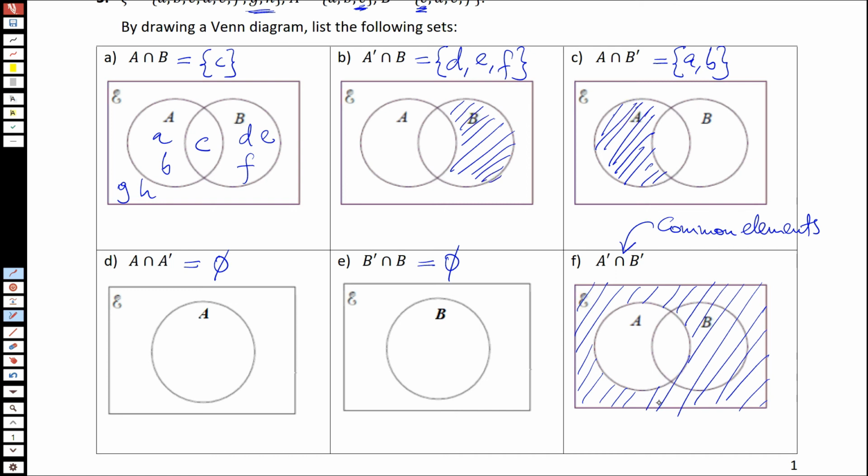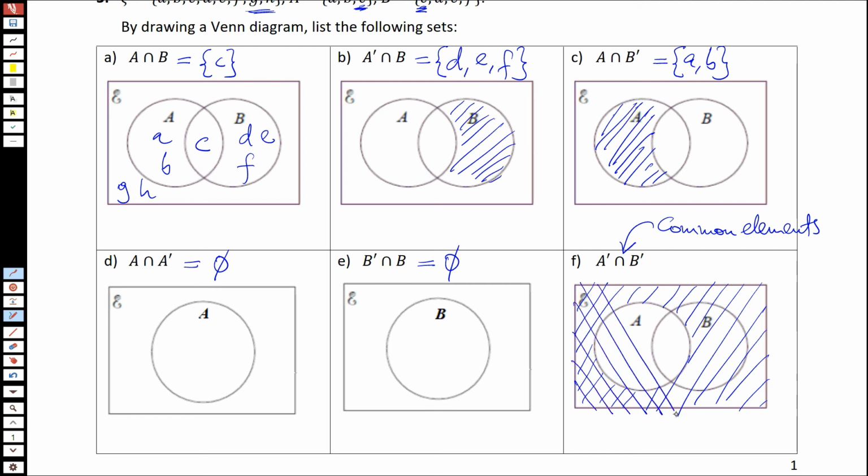And then I'll shade what is outside B in a different way, so that when I look at the double shaded region, you'll be able to understand. Remember, you're looking for what's common in both. So outside B basically will be that.